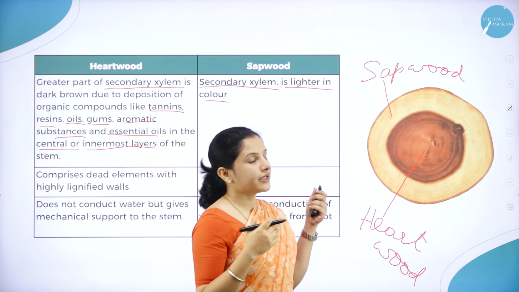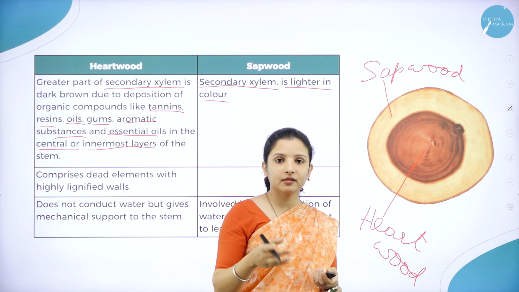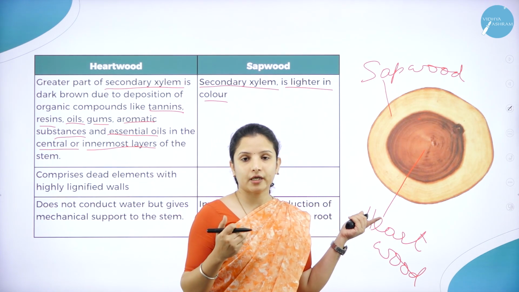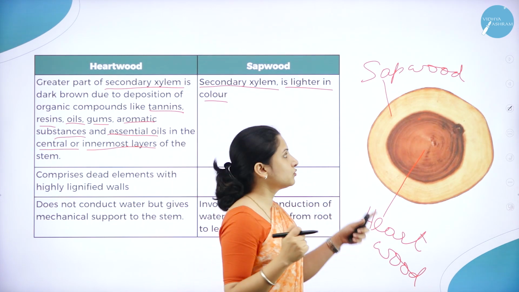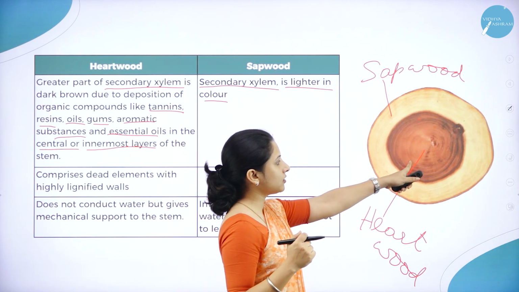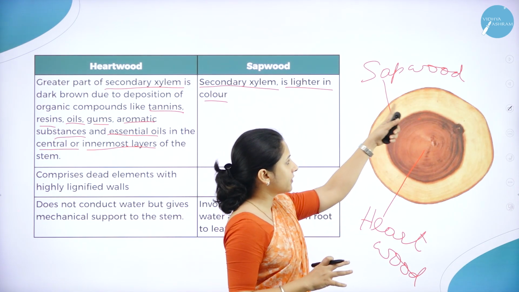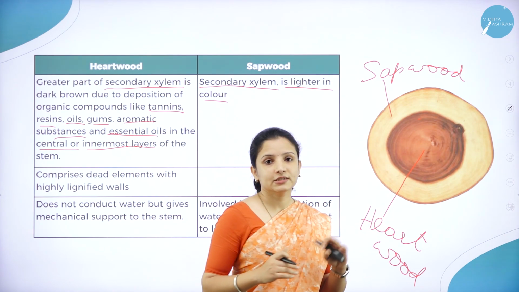Based on the presence of the annual rings, we learnt about the springwood and the autumnwood. Now, based on the secretion of the organic compounds and the presence of the secondary xylem, there are two types: the dark color region present at the center called the heartwood, and the light color region present at the periphery called the sapwood.